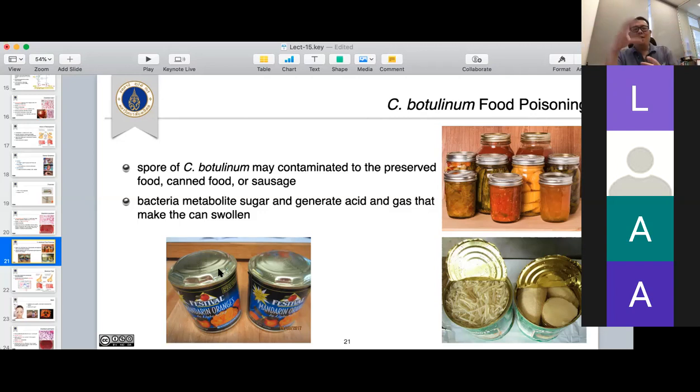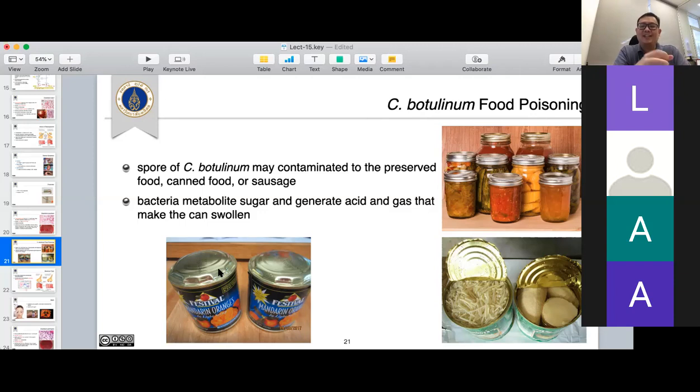In Europe or in America, when you buy pickled cucumber, you will probably see two types of lid. The lid can move in two pieces. That is for detecting botulinum. If they produce gas, the lid will pop up, and you can press it and hear the sound. Flip, flip, flip, flip. So she felt like this was rotten.